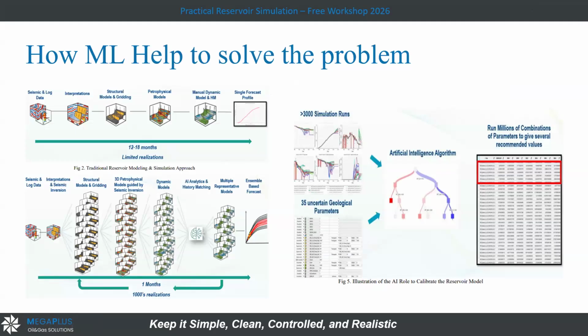We have done the static model and the dynamic model, but to match, we trained the model to know how it can history match, and after that we did millions of realizations. As an example, this is the conventional reservoir simulation that I told you about in this workshop: seismic, then interpretation, structure model, petrophysical, dynamic, and the forecast.